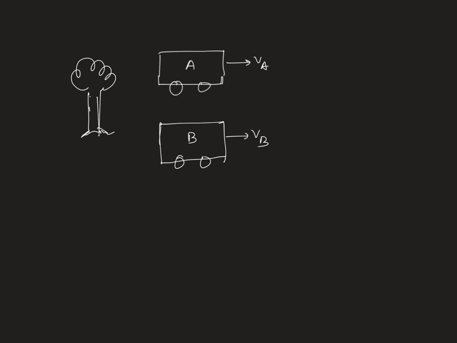Everything is observed from the ground frame of reference, that is, a person standing beneath a tree on the ground, trying to observe the two vehicles. So this motion is being observed with respect to the ground, and the ground frame is also called the absolute frame in basic kinematics.